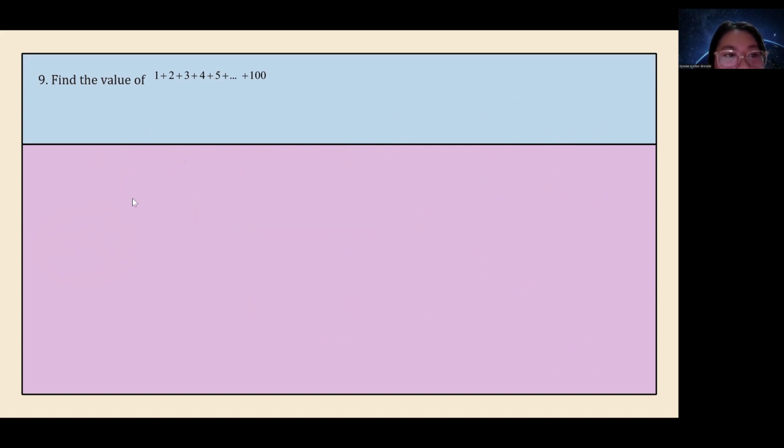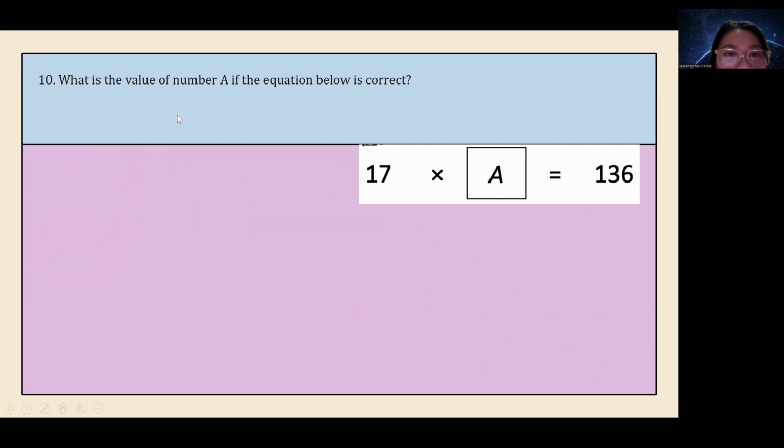Okay, now, number 10. What is the value of number A if the equation below is correct? Okay, so if this is correct, then we have 17 times A equals 136. So we are multiplying two numbers equal to 136. To do this, we need to know how to work backwards.